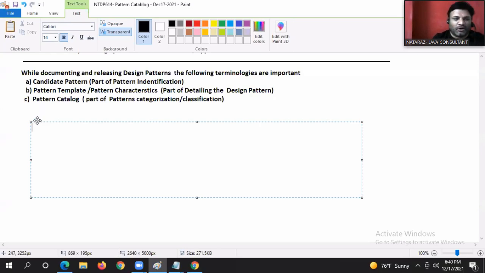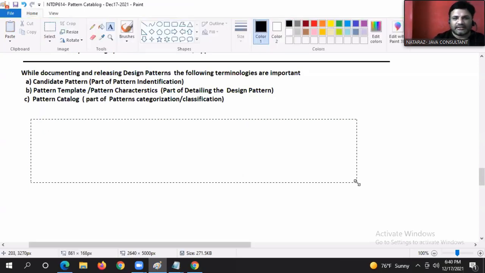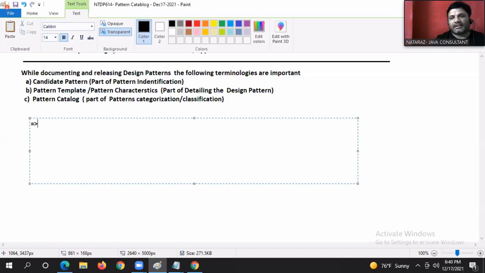Okay, guys, let me write some points. What is the process? First, find out the problem, apply the solution, and document it as a candidate pattern. When you mark it as a candidate pattern, write the documentation about that pattern in pattern template style.